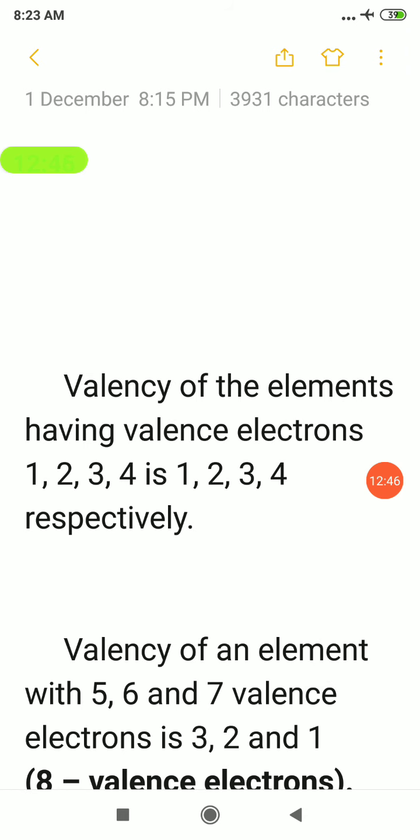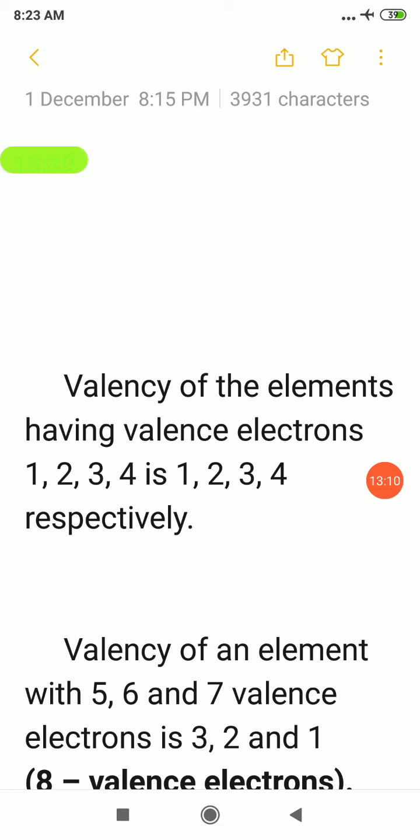Here we can easily find the valency from the valence electrons. If an element possesses 1, 2, 3, 4 valence electrons, for example hydrogen has valence electron 1, so its valency will be 1. Similarly helium is a noble gas, so we cannot take helium.